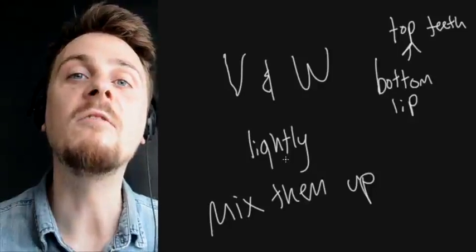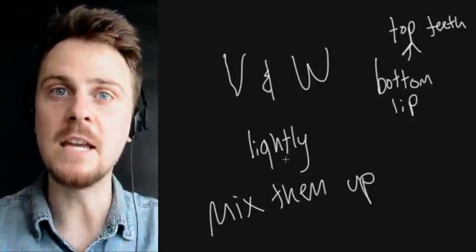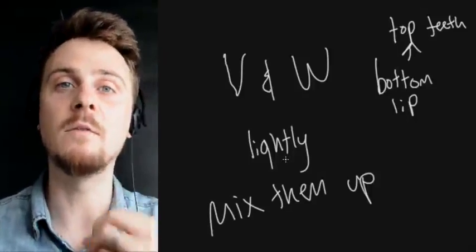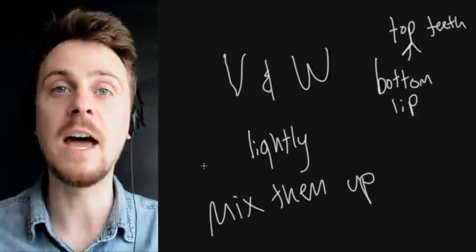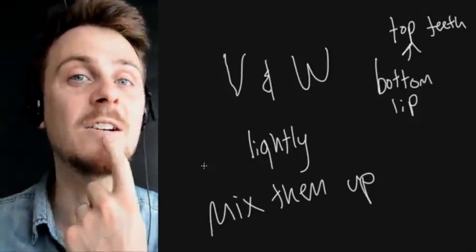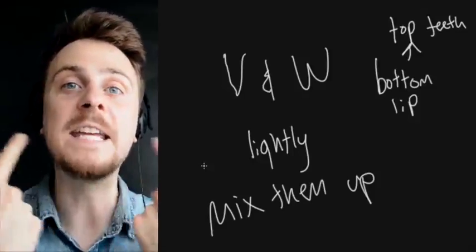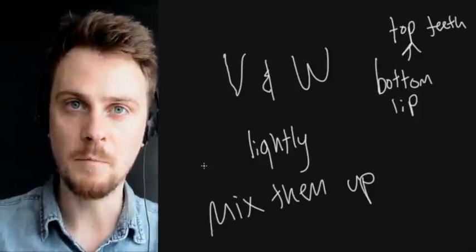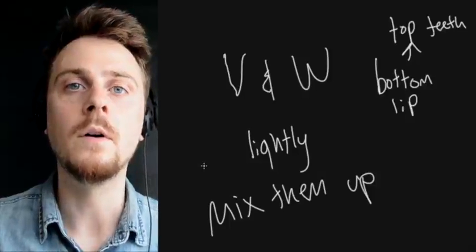V. The sound after is the same as the letter E, the long sound of E. So the second part is like that. The first part is right here. You let it go and then go into E. V, V, V. Now, the basic sound is just V.